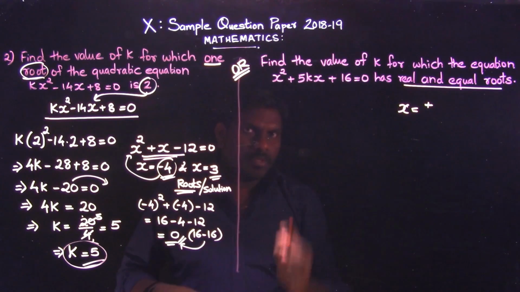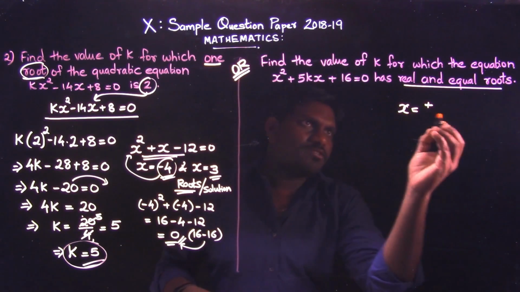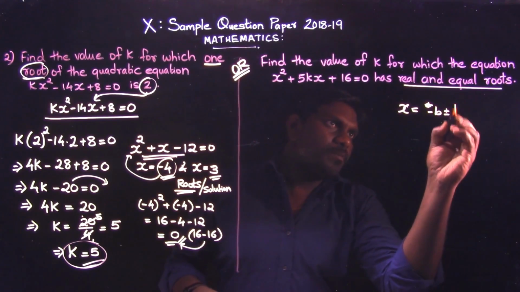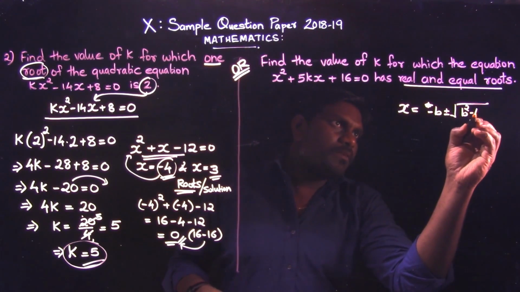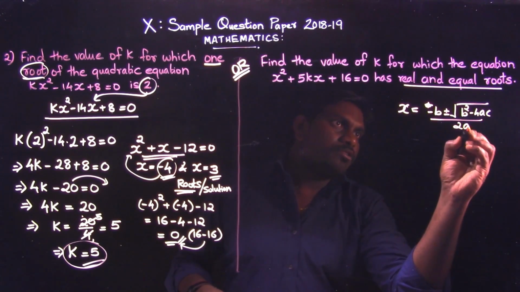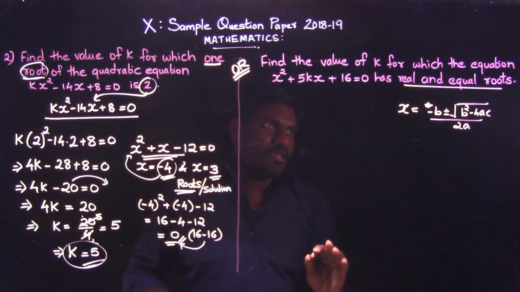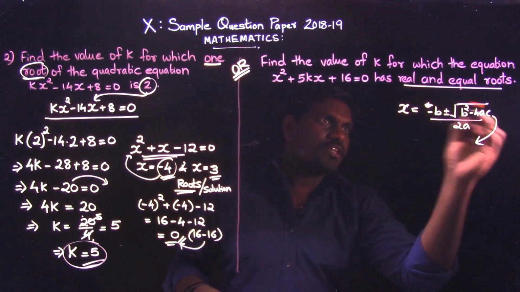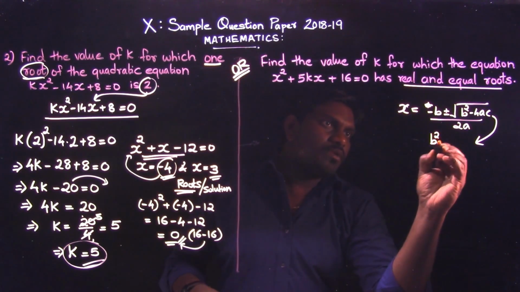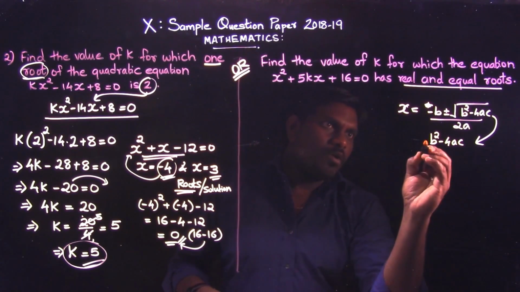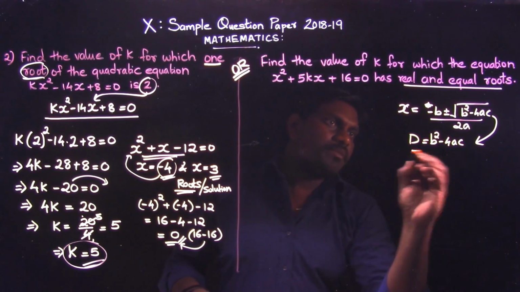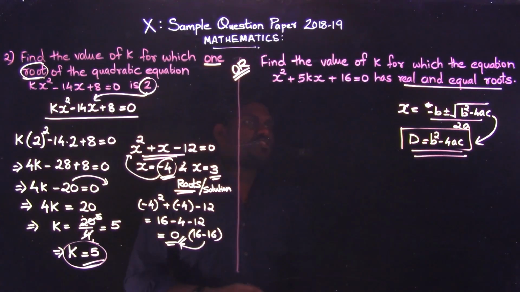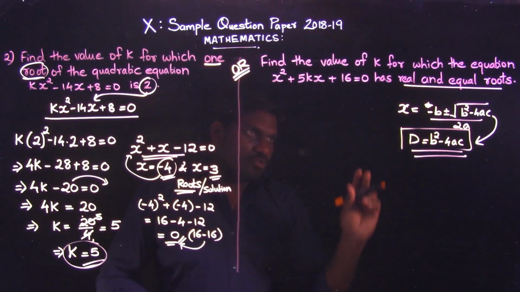If you have a quadratic equation, how to find the value of x is that x is equal to minus b plus or minus root of b square minus 4ac by 2a. You need to know the formula, but first of all we have a habit of checking what is inside the root, which is b square minus 4ac, which is called the discriminant, or D we call it. That is pretty important that you need to know.